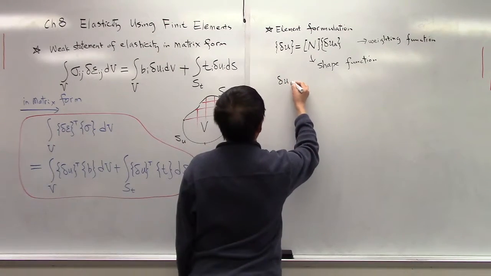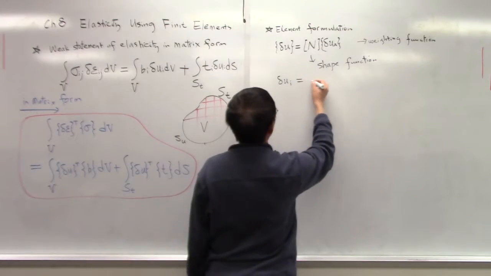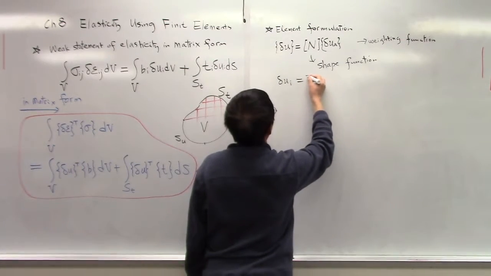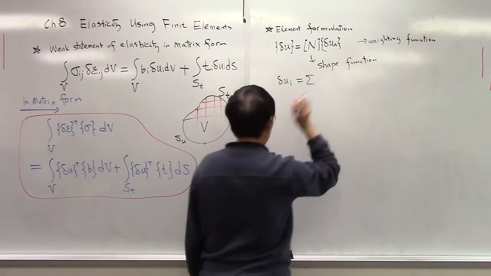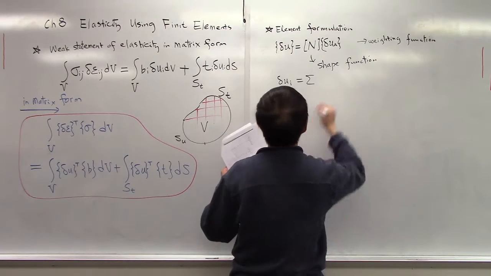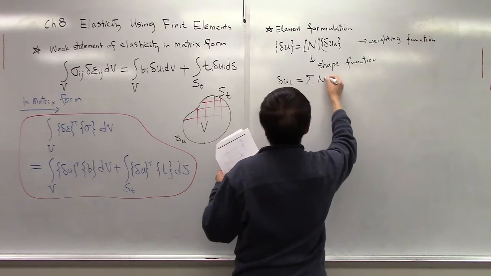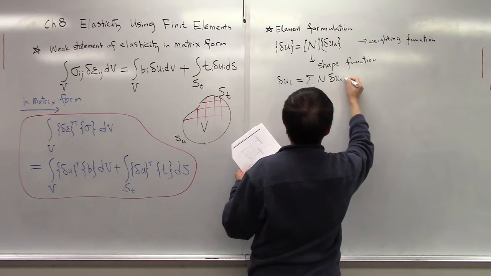And in component form, the ith displacement will be equal to the sum of the shape function times delta A I, okay?